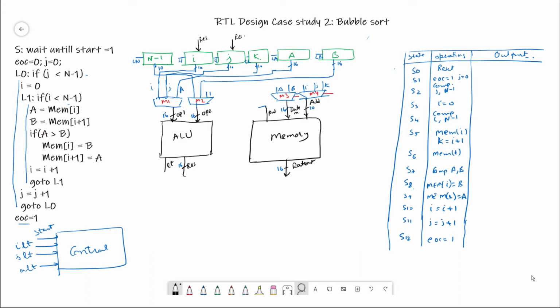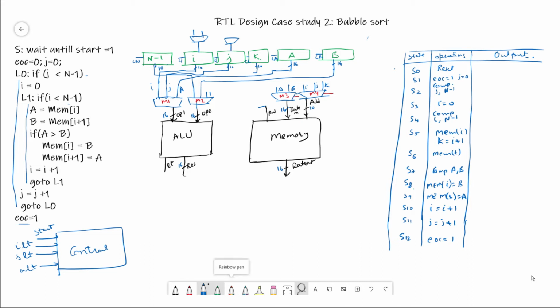But initially there could be j equal to 0, so there has to be a mux here as well. So let's put a mux so that things are easier, and there is a mux here also.